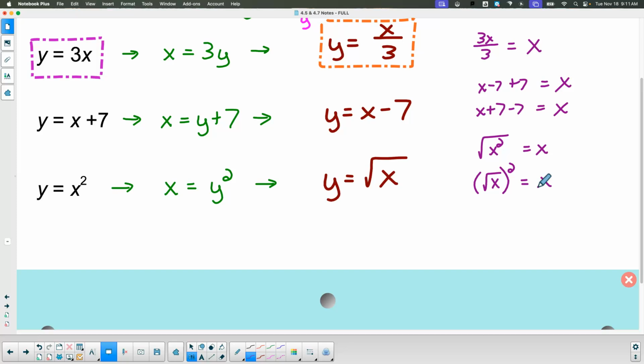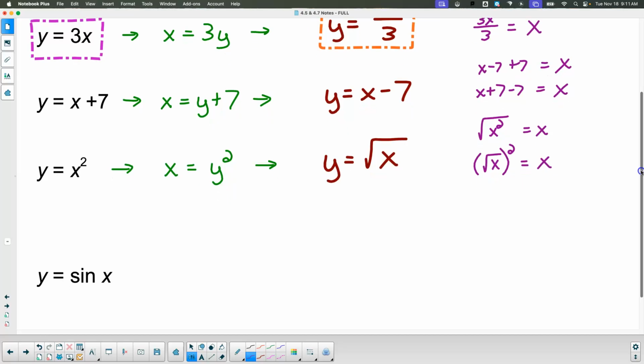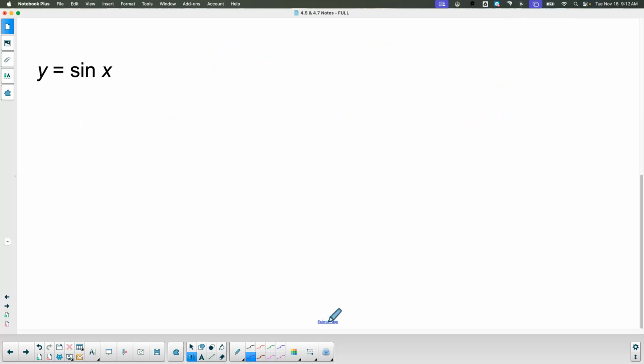Where we're going with this is we're going into trigonometry. So we've got y equals the sine of x. So this would be my original function.